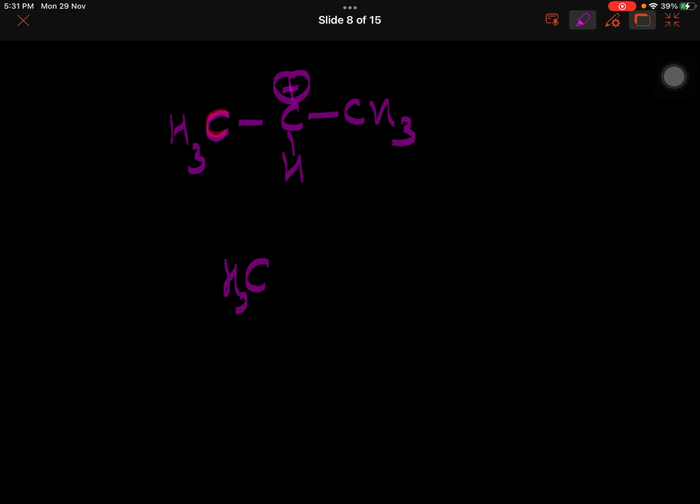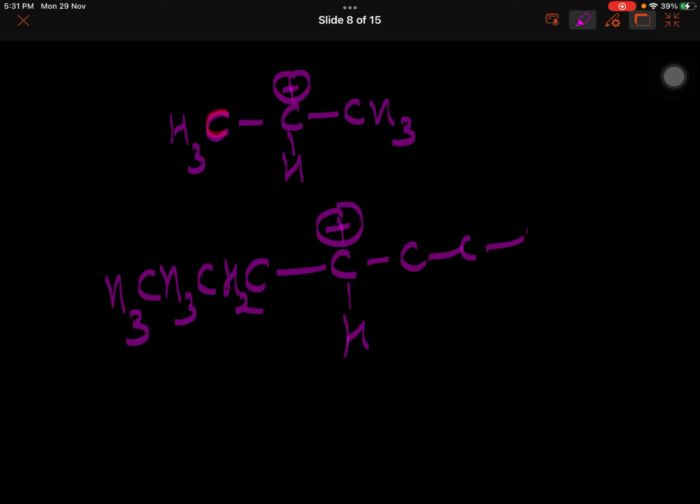Now don't take it like this, that you have a carbon which is attached to two R groups and they have to be methyl only. No. You can have a long chain of carbon. In the middle somewhere you have a carbon with positive charge.